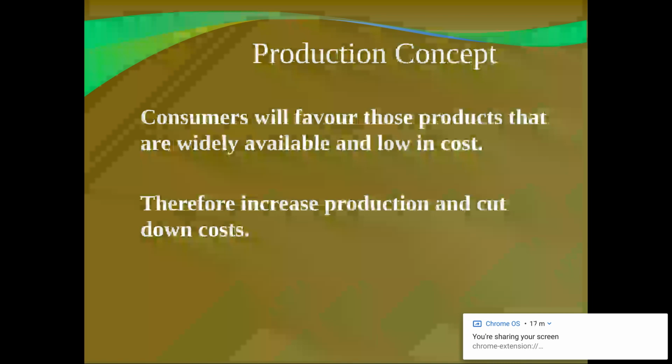This was the earliest of what are called marketing philosophies or marketing orientations in different textbooks. Somewhere it is written as marketing orientations, somewhere as marketing philosophies, and in some textbooks you would find them mentioned as marketing concepts.